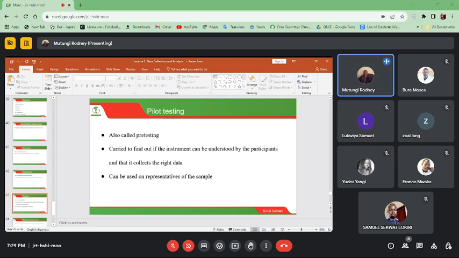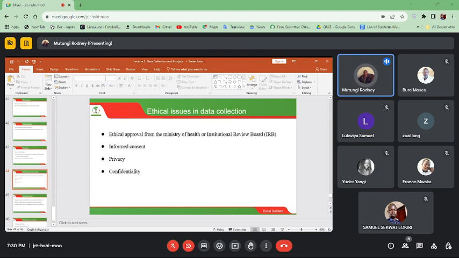You generally do it just before the actual data collection, and it is majorly to find out if these tools are going to work, if they answer the questions that you want and are related to the research objectives, and if they can really be understood by the participants. So that is why pilot testing is important.